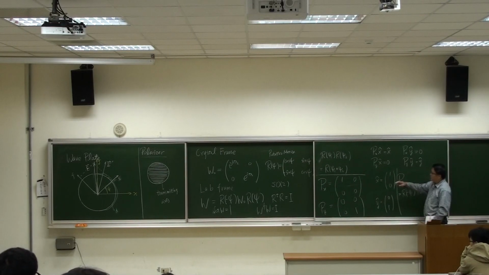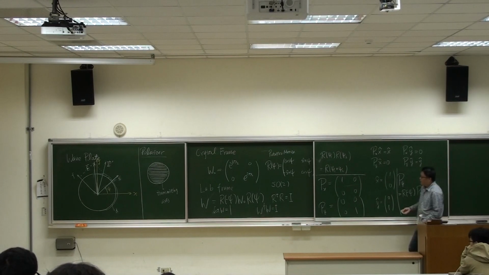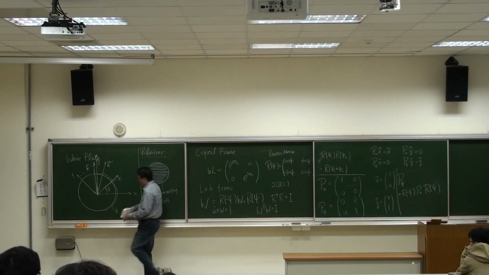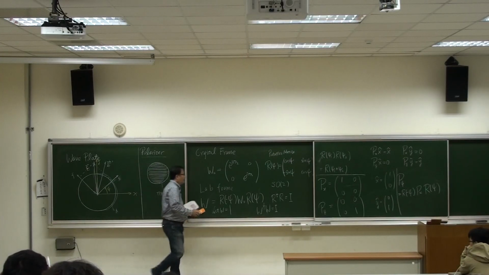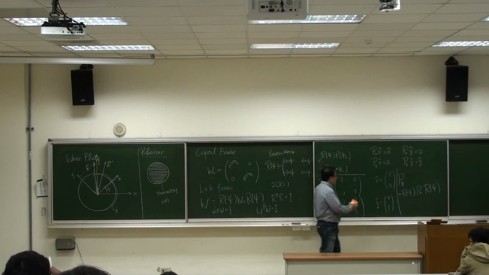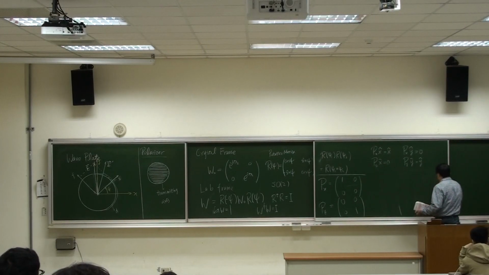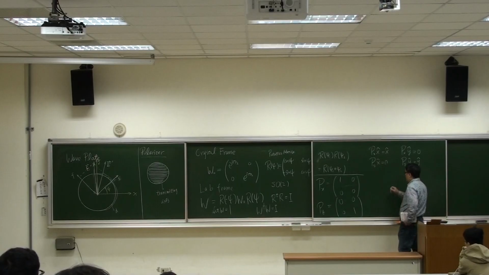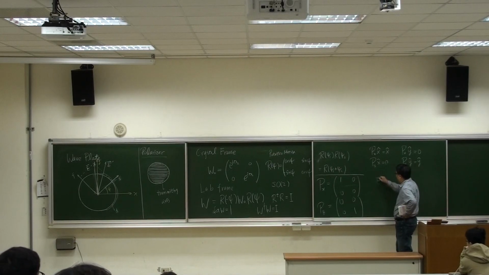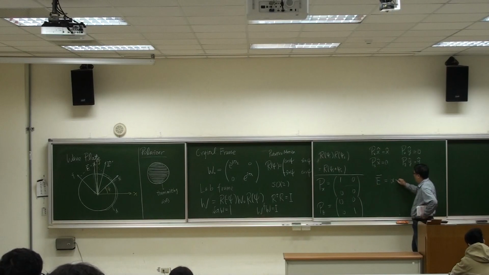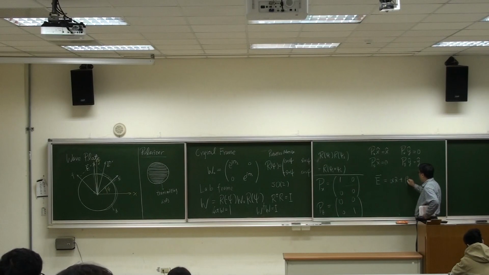Okay. Because say we have incident light whose polarization is alpha x plus beta y.